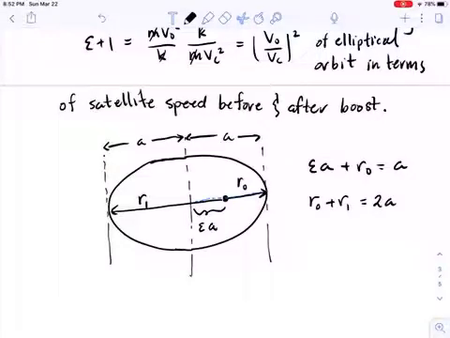In fact, this was one of the defining equations of an ellipse. And so therefore, A is equal to r0 plus r1 over 2.